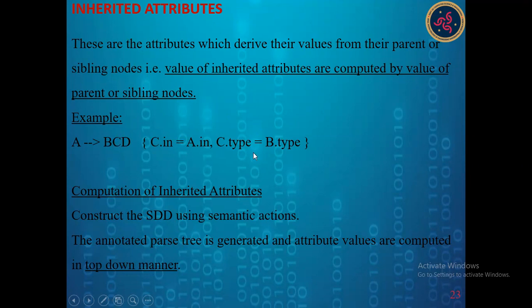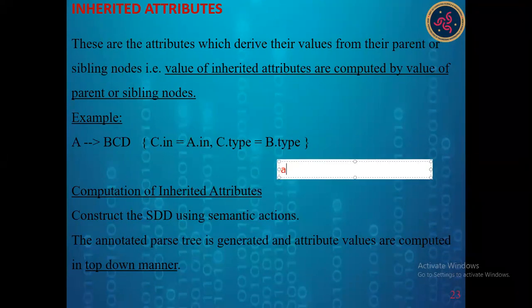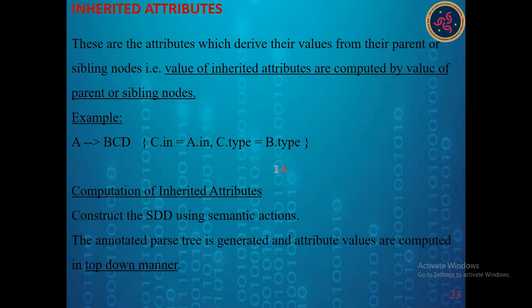That means, suppose we have a production, say capital A gives G H I J K. I am writing some symbols.